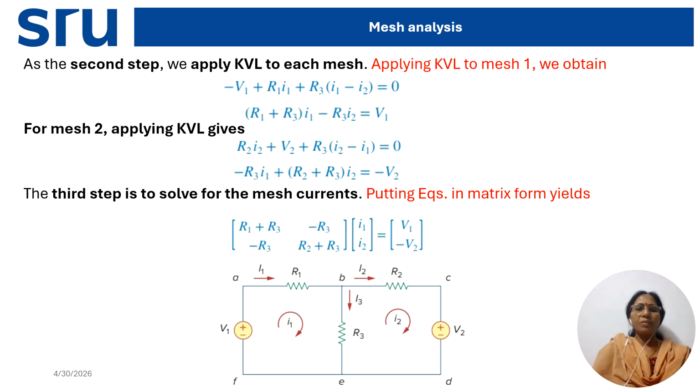Equations 1 and 2 can be written in matrix form like this, and if you enter these values in a calculator, you directly get the I1 and I2 values. Clear? Up to here we discussed in the last class. If you want a clearer explanation, go through the previous video, lecture number 6 part A.